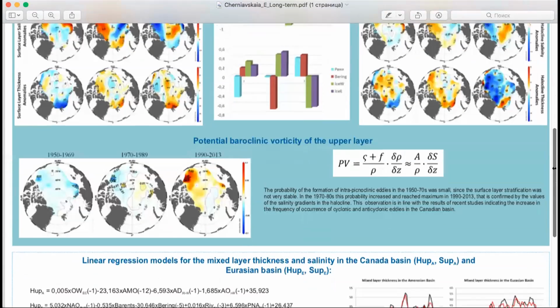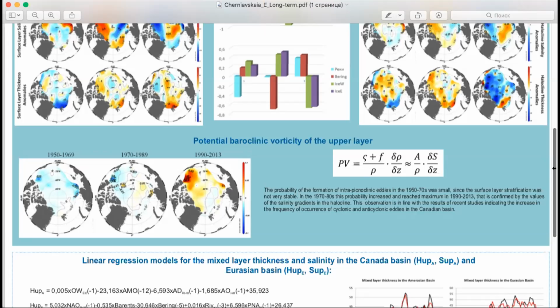Also, we calculated salinity gradients in the halocline layer that may serve as an indirect mark of the stratification in the layer. And we see that according to our data, stratification in the halocline layer is quite strong in the last period, even though it became shallower by at least 10 meters.